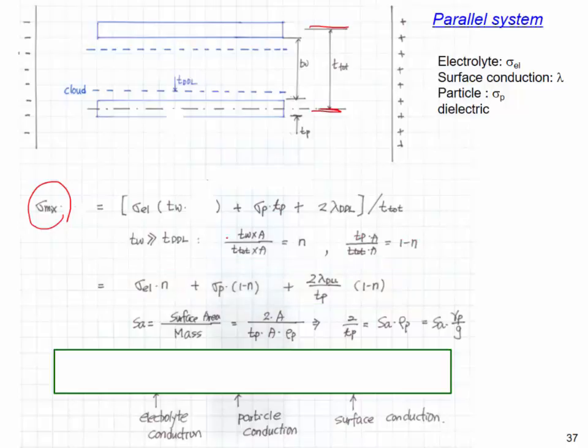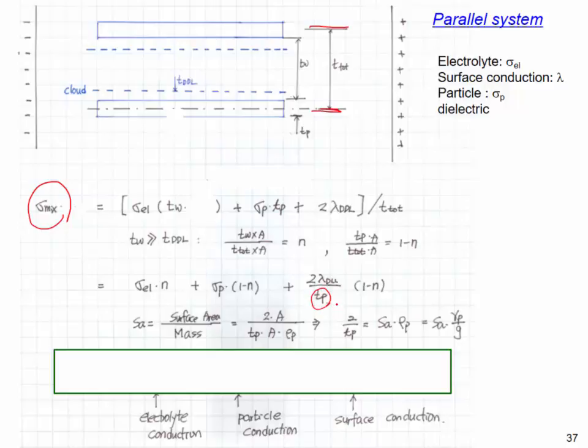So then this will be simplified to the second equation: porosity times the electrolyte conductivity, 1 minus n times the particle conductivity, and the surface conduction times 1 minus n.